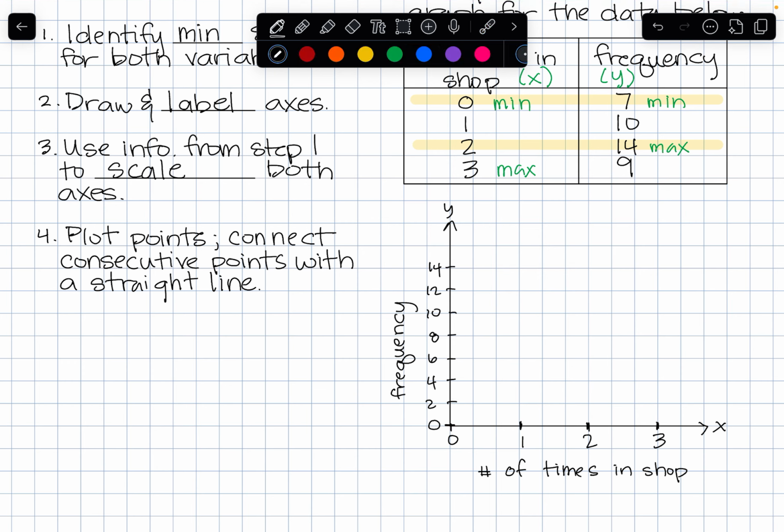So my first dot would be here. The next is 1 and 10. So I'm going to go to 1 on the x and up to 10, which puts me here. I've got 2 and 14. And then I've got 3 and 9.